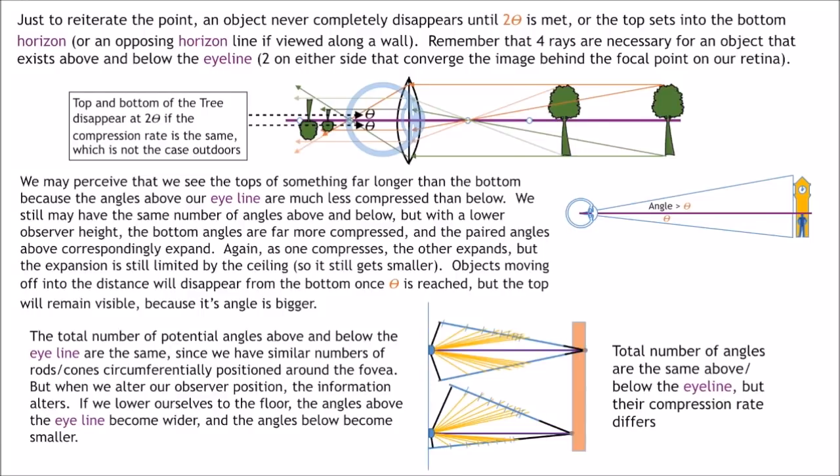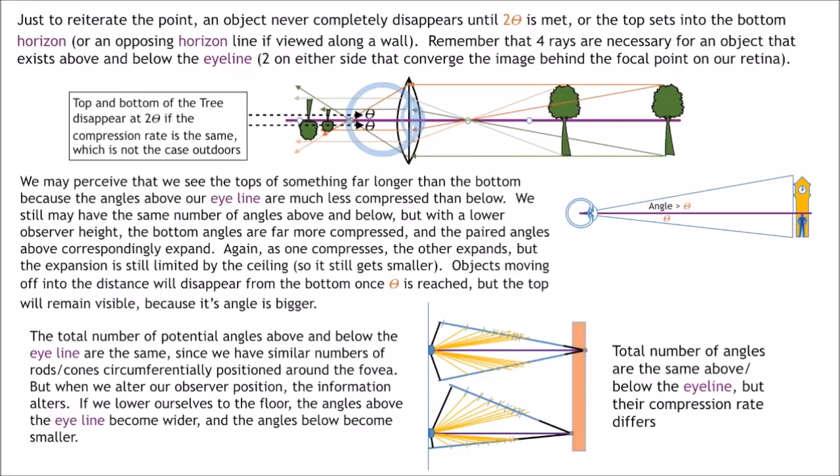But when we alter our observer position, the information alters. If we lower ourselves to the floor, the angles above the eyeline become wider and the angles below become smaller, as you can see when you fix some points along some lines and move a central fixed point along those two.